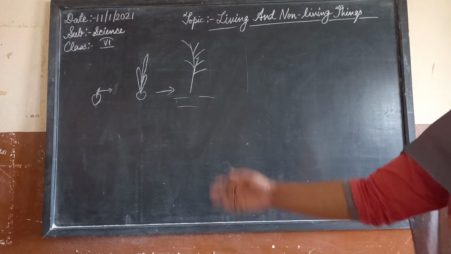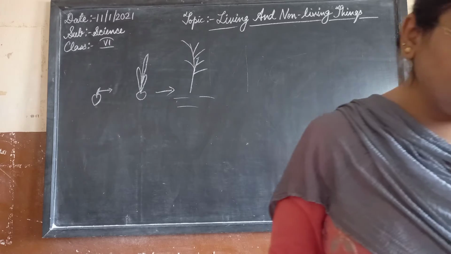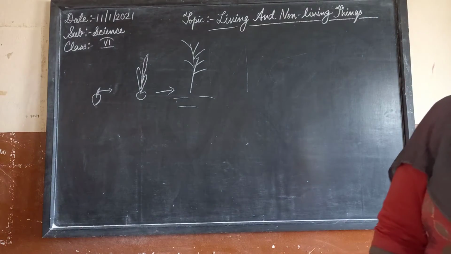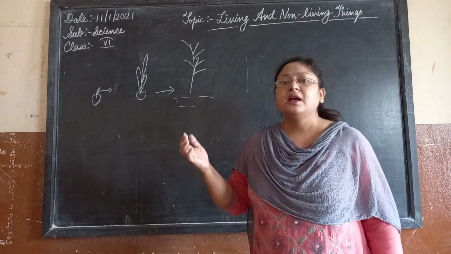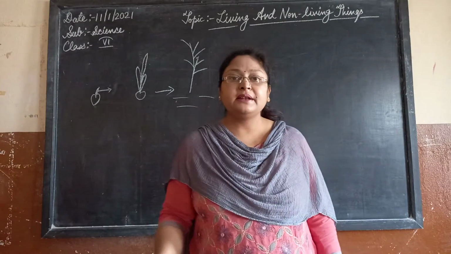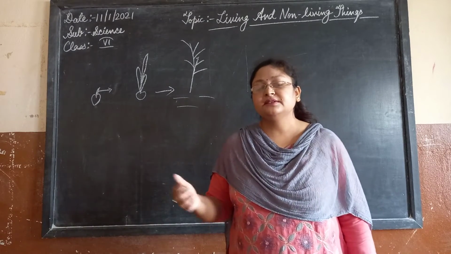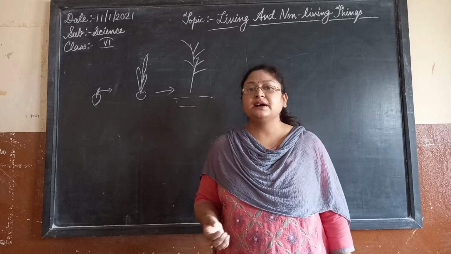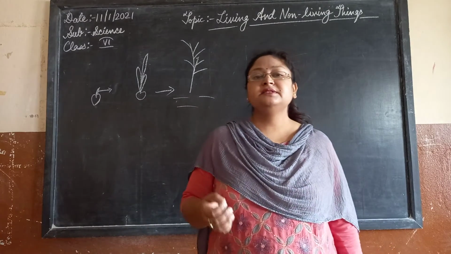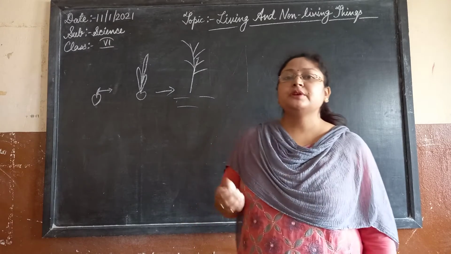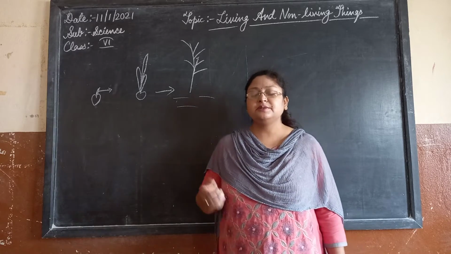This is how plants grow, and we know that living things grow with new cells within the body. A baby changes into a small boy or girl, then into an adult, then into an old man, and then death occurs. After death, the body parts are burned and the ashes are put in the river, or sometimes the body is buried deep inside the soil, depending on the custom.